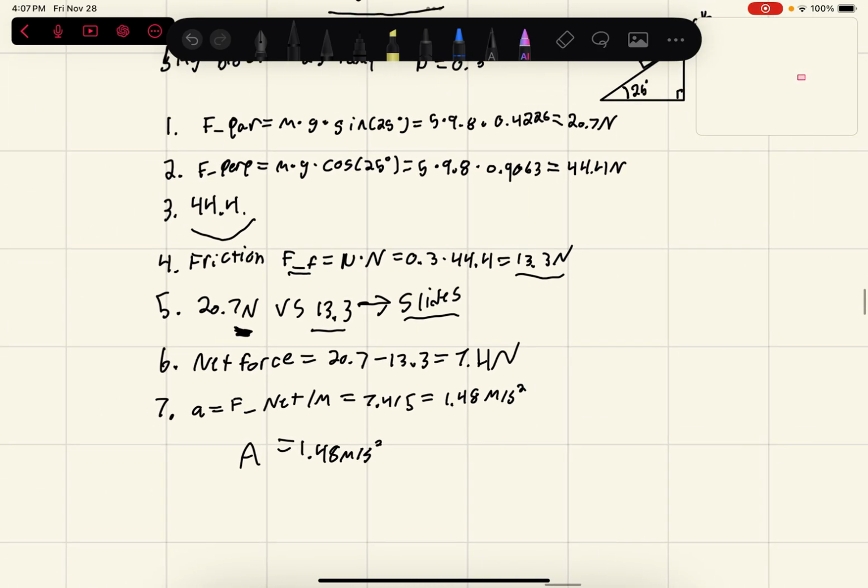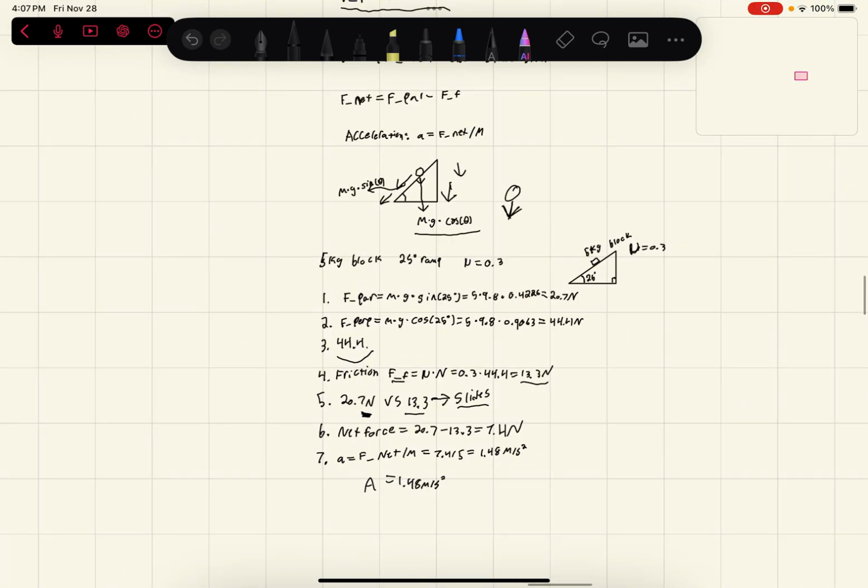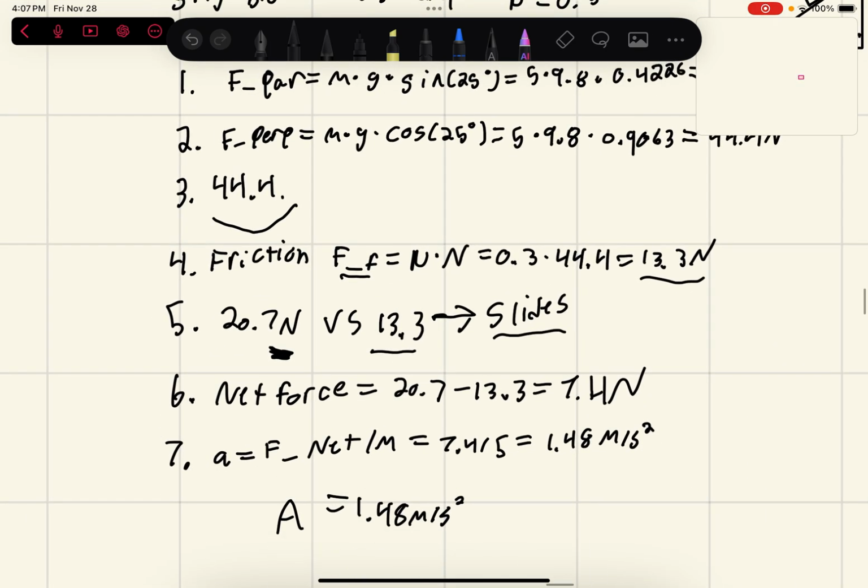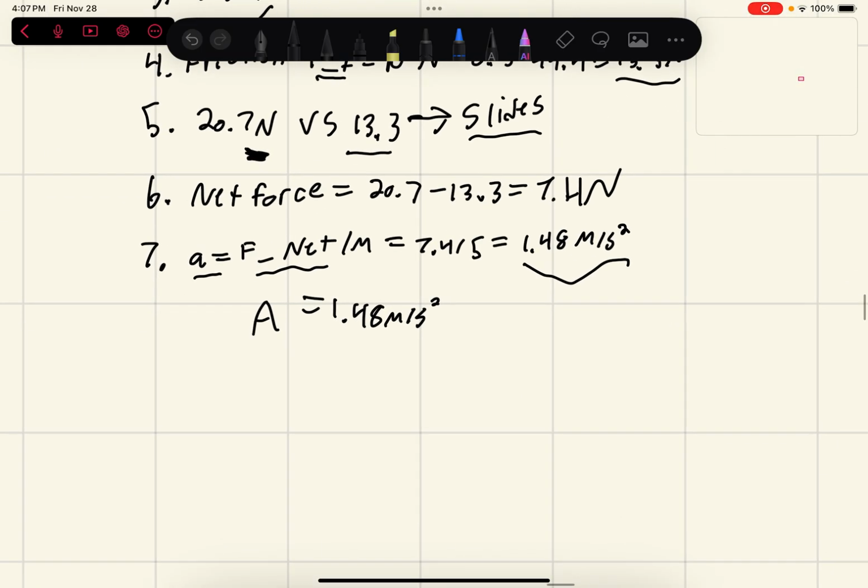And here we see that it is greater. Okay, so we get the net force, 20.7 minus 13.3, equal to 7.4. And for the acceleration, we take the net force and divide it by the mass, and we get 1.48 meters per second squared.